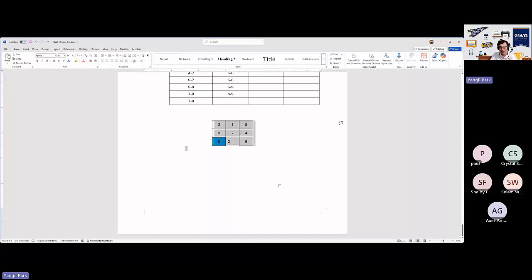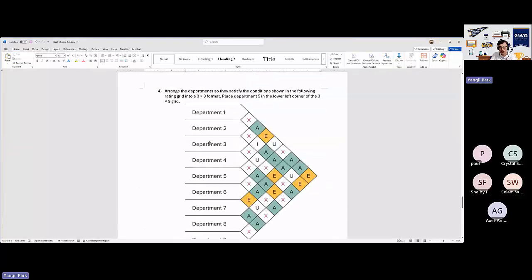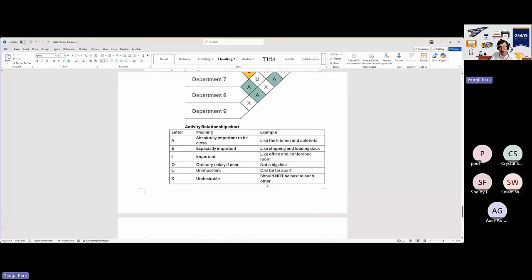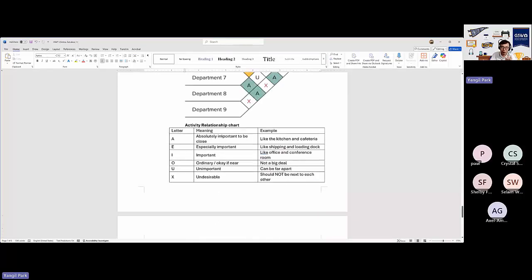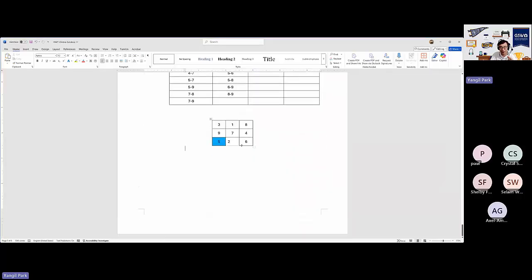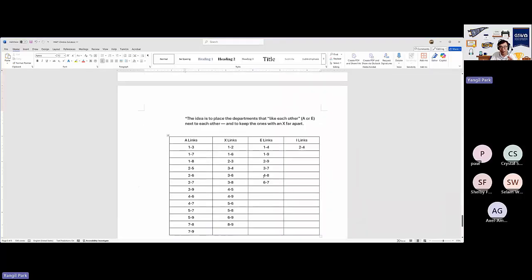You have 9 slots. With these conditions on how important it is to put departments together, you can arrange them just like that.